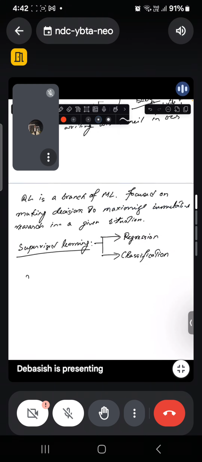You know about variables. Let us consider two variables, x and y. What is x and what is y? Let's consider an example.